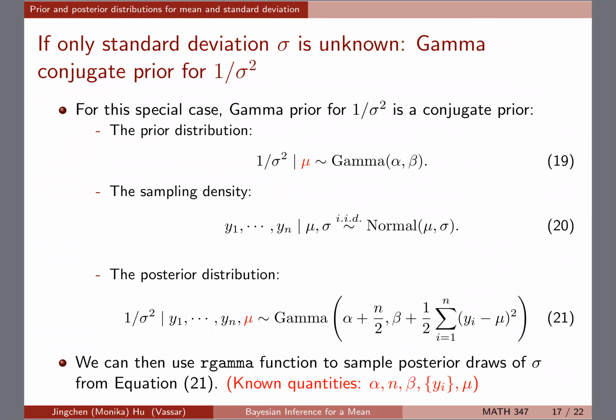Okay, so let me show you the gamma density. The prior is 1 over sigma squared; we work with the precision.